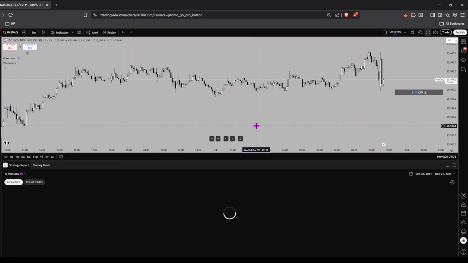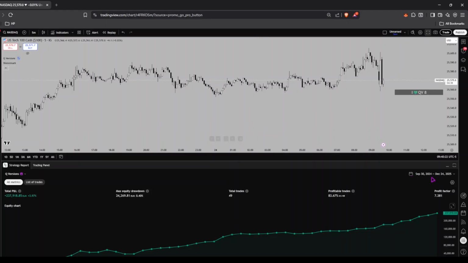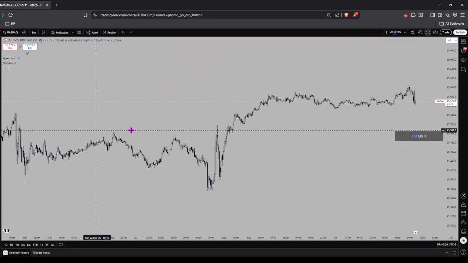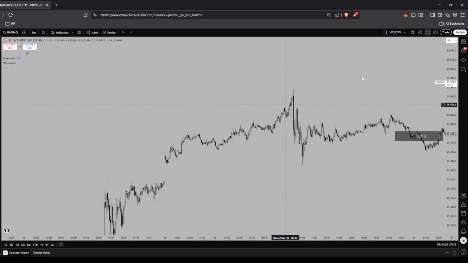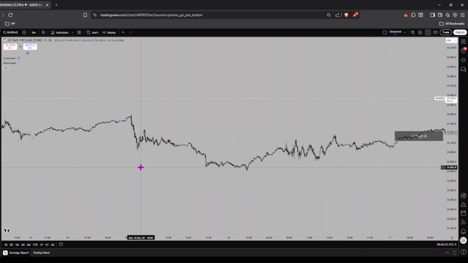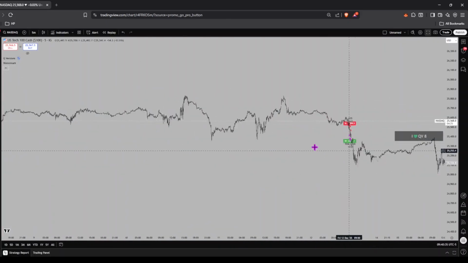Now I'm in TradingView and have the strategy open. So let's review the trades one by one. I'm on the 5-minute chart on the Nasdaq. This is our first trade.